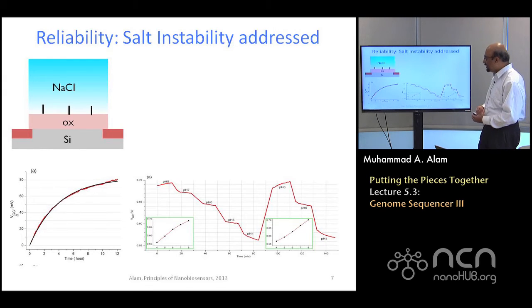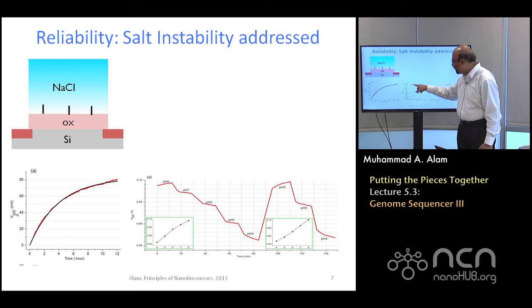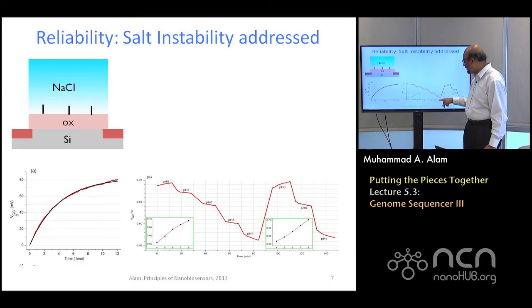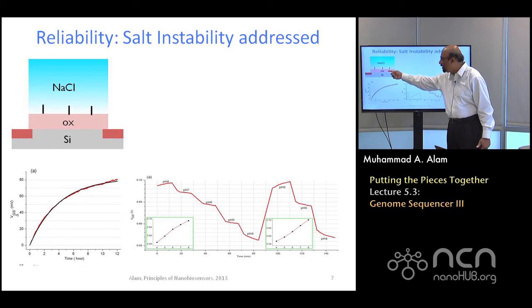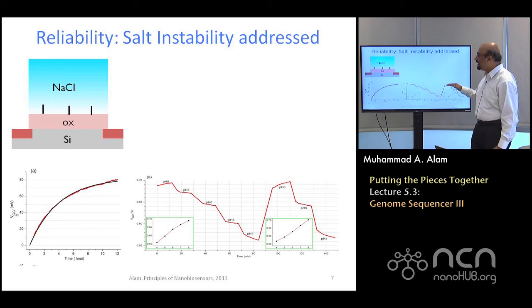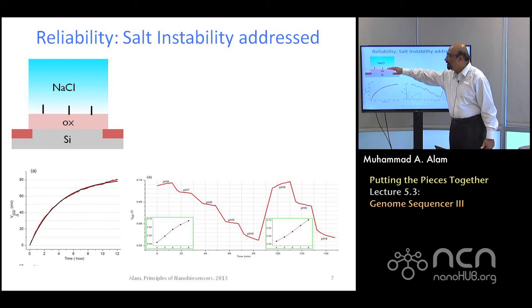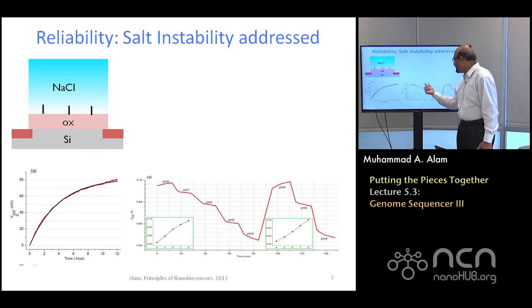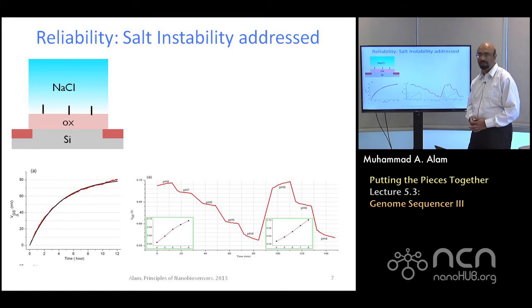The issue is that, let's say your pH is changing from 8 to 7 to 6 and so forth. Next time you go to pH 8, these two values may not be the same. Why not? Because by that time the salt has gotten in and changed the threshold voltage, and therefore the same pH signal now produces different responses. Something that's not really very good, right?